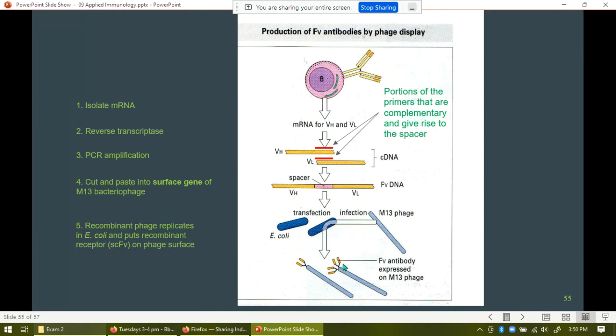And you can actually cut off the scFv little piece right here, and then you can conjugate it to a drug. You can do whatever you want with it.